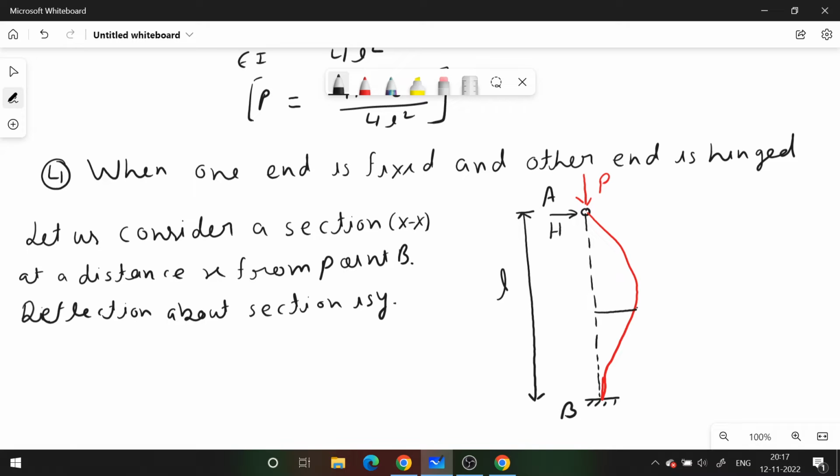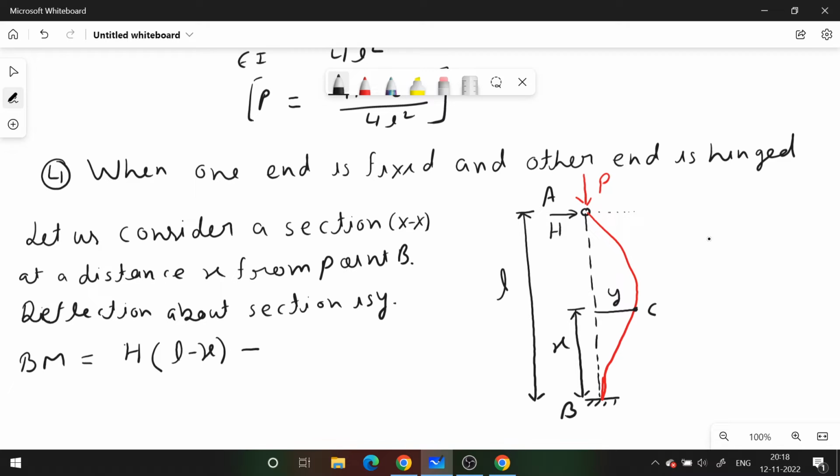Then the bending moment due to the load about this section will be equal to the moment generated by the horizontal reaction H. It will produce a clockwise moment about this section at point C. So this will be equal to the force into perpendicular distance, and total distance from the point C, AC, will be L minus x.